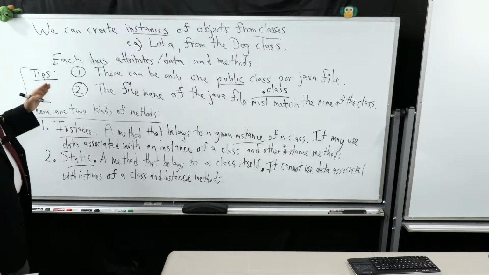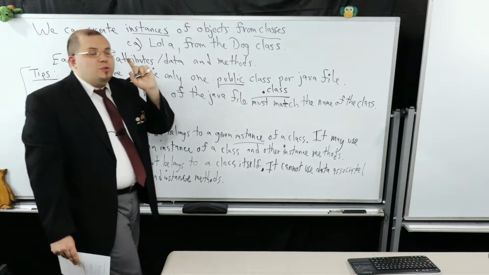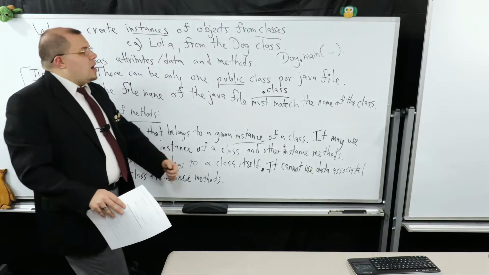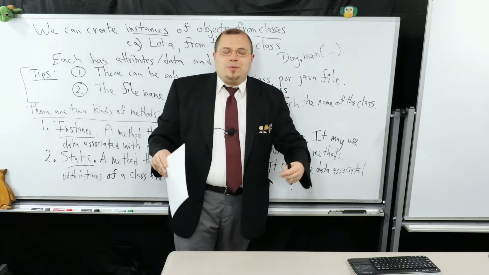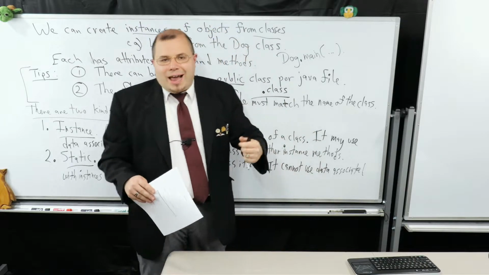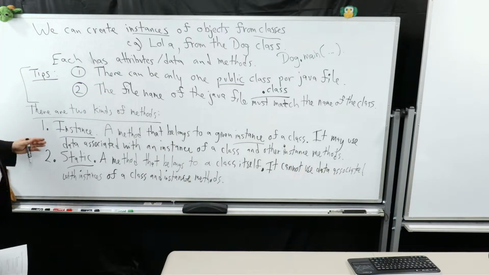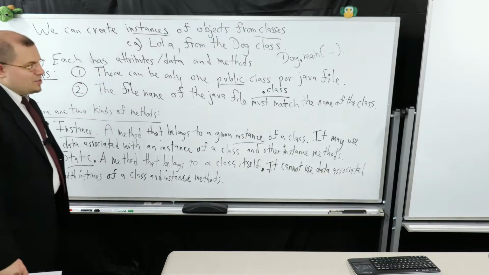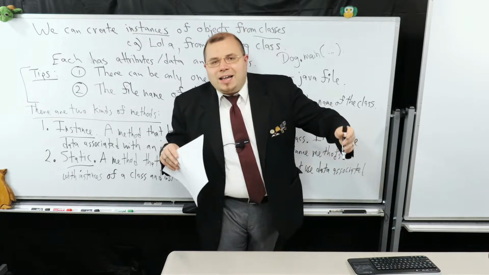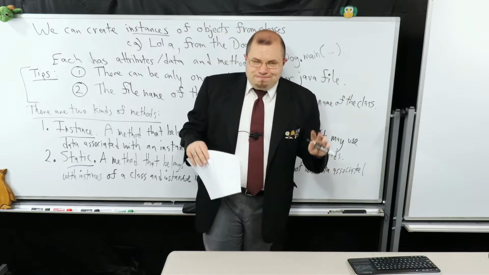So the way you should think about it, a static method, is that this is going to be a method associated with the class itself. For example, if I created an instance of a dog and those attributes represent Lola, you can't use Lola's attributes, which are representative of the dog class, inside of static methods associated with the dog class, because these are exclusively tied to just the dog class itself, not instances of the dog class.